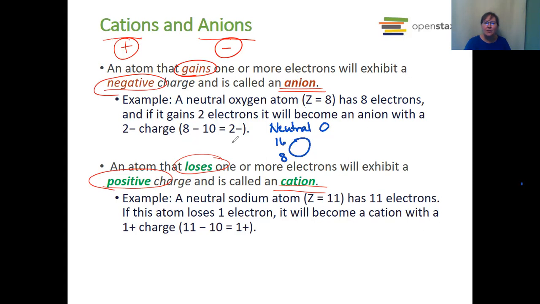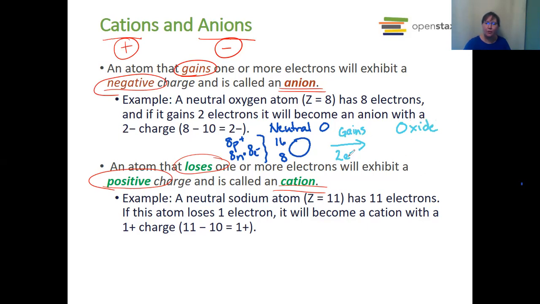Okay, and this neutral oxygen has 8 protons and 8 neutrons and 8 electrons. All right, now if oxygen gains 2 electrons, now we have the oxide.